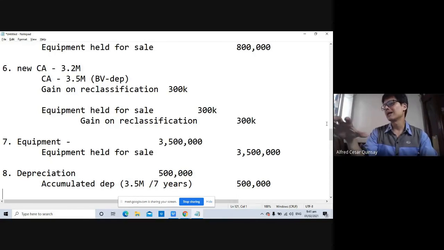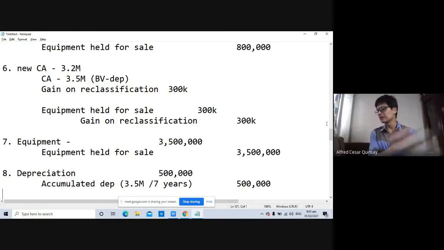Okay, so group of assets siya na ibebenta. So classify siya as held for sale. Now, yung asset na yon ika-classify as a separate current asset. Pero yung utang, let's say kung may mga encumbrances yung mga assets na yon, ika-classify naman siya as current liabilities.